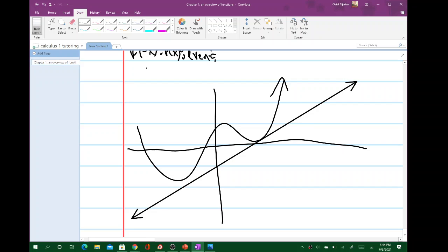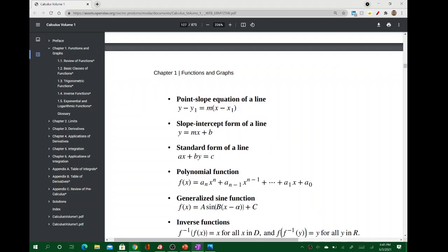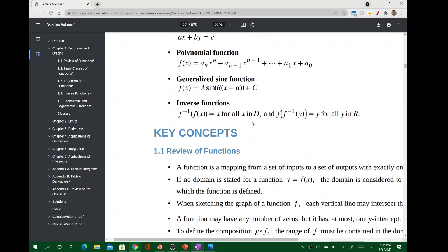Okay? This is what we call a tangent line. Tangent line at x equals c, where this is the constant c, okay? This is the standard form of a line, and this is what the inverse is. We already went over that.